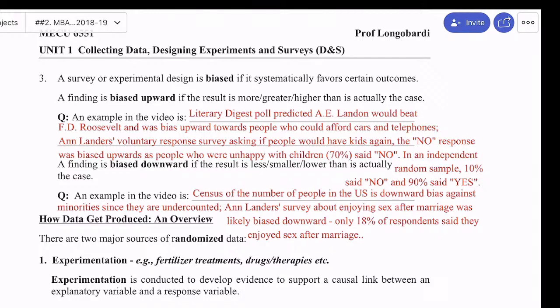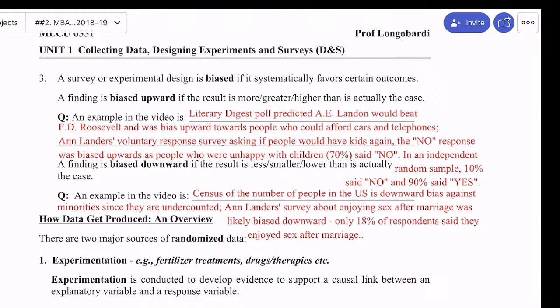Yeah, Pablo, that's it. So it could be of a high amount, or it's bias upward. So the way he said it is it's a high amount, but bias upward towards, so I say 70% said no, so it's bias upward towards no. So it's the percentage that makes it high.